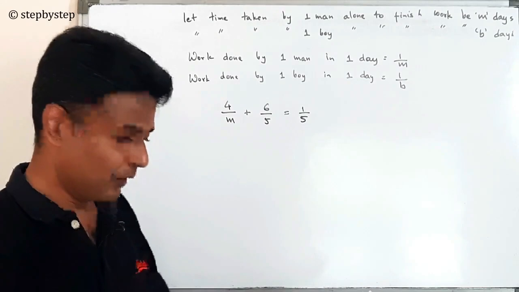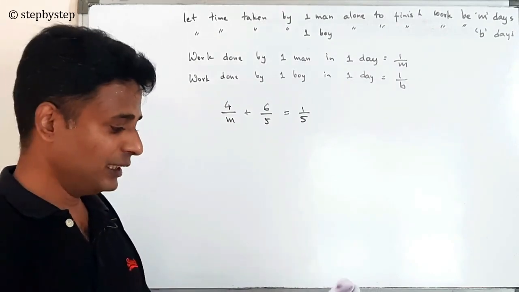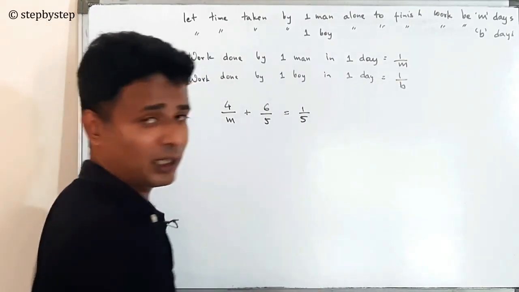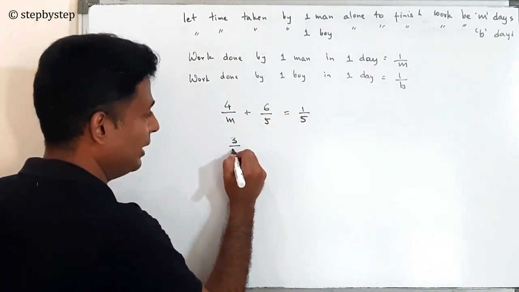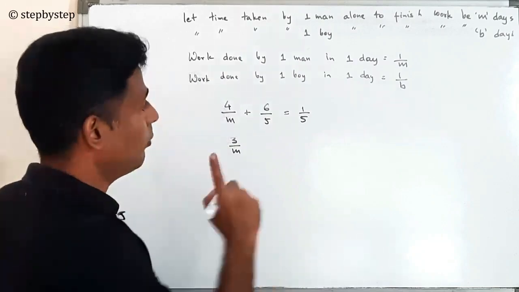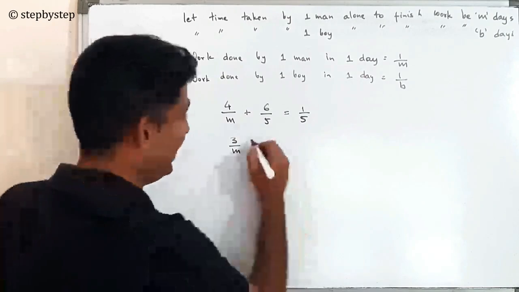Now the second thing they have given is 3 men and 4 boys can finish the work in 7 days. In one day, a man finishes 1 by m work. So 3 men, how much? 3 into 1 by m, right? So 3 by m. And 3 men and 4 boys. In one day, 1 boy does 1 by b work. 4 boys will do 4 into 1 by b.